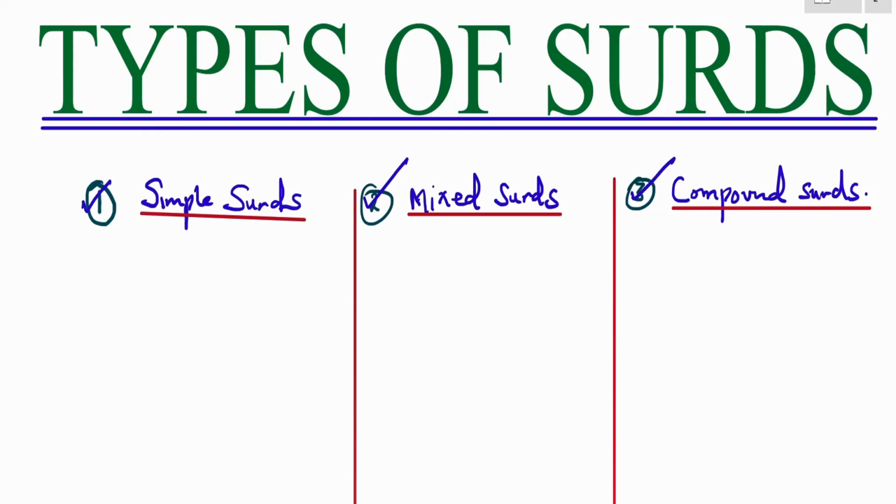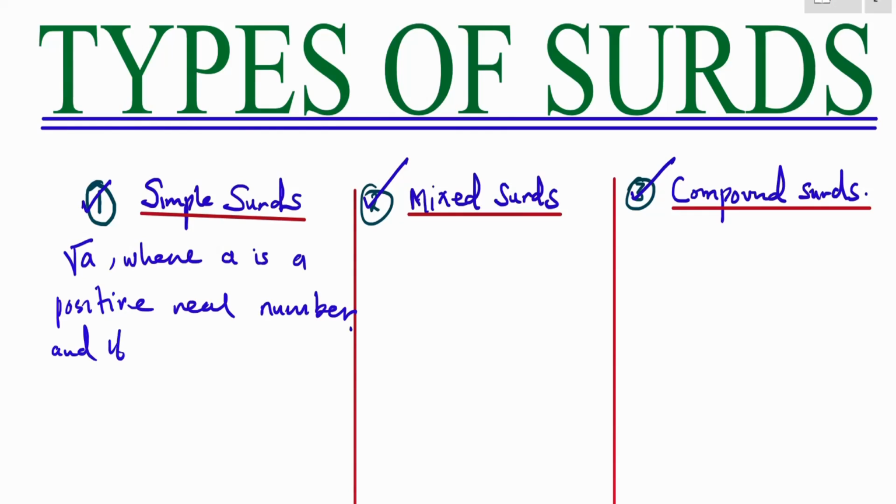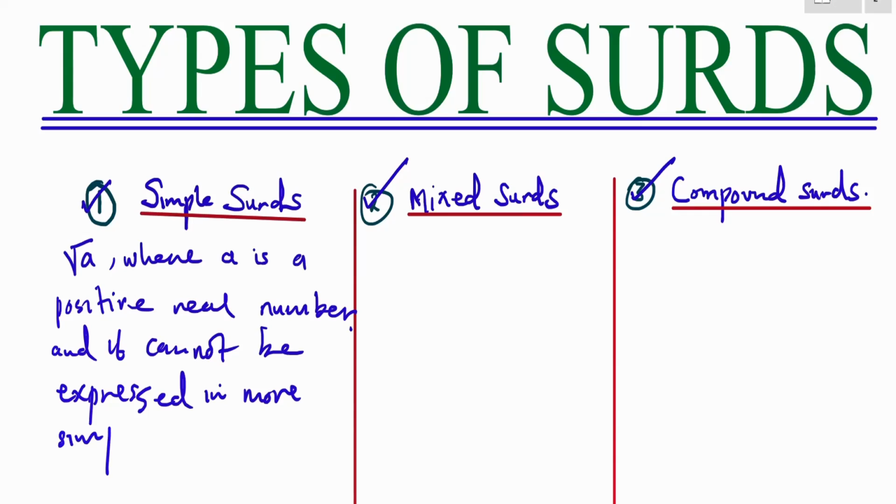Simple surds are those irrational numbers which are the square root of positive real numbers, and they are always in the form of the square root of a, where a is a positive real number and it cannot be expressed in a simpler form.